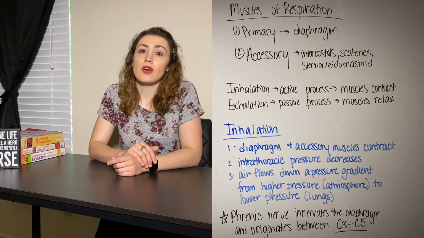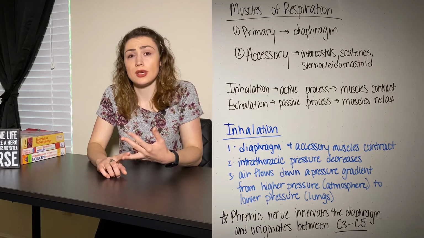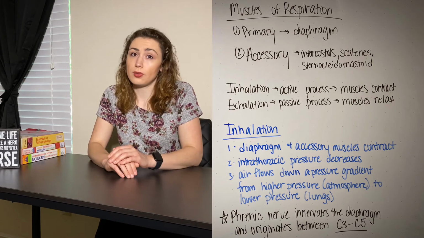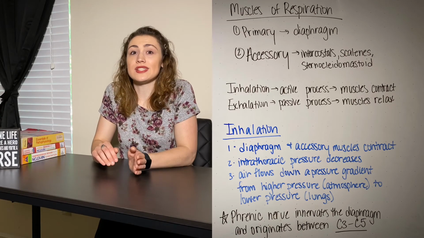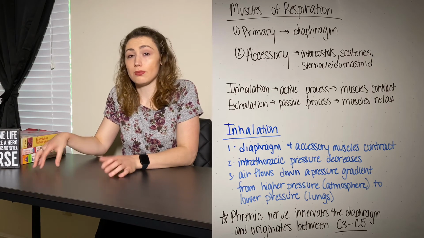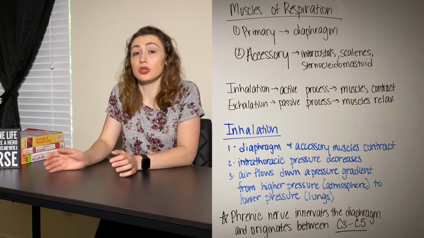However, anytime you have an increased work of breathing, like when you're exercising or you have an illness that makes you breathe harder, you're using your accessory muscles more than you normally would. Now, inhalation is an active process, meaning that the muscles contract when you inhale, but expiration is a passive process, meaning that the muscles relax when you exhale.